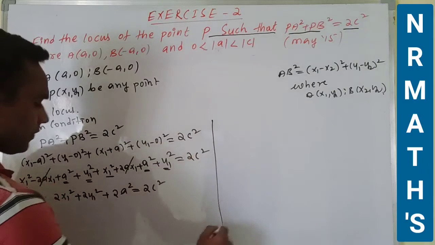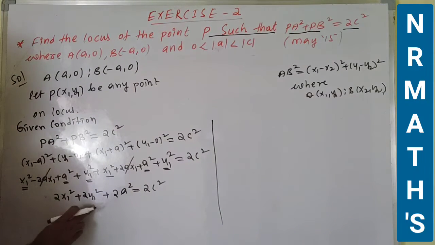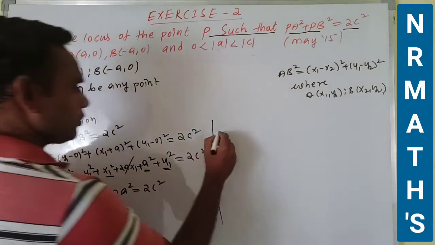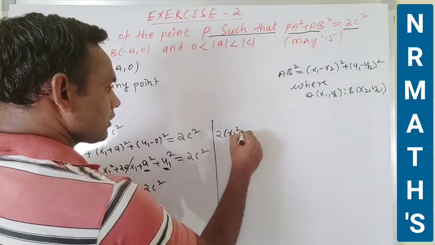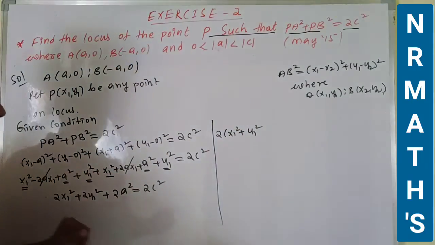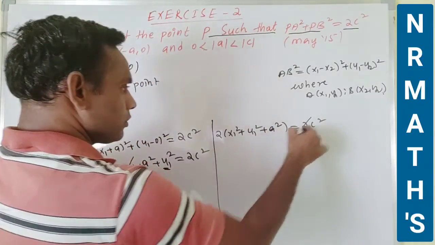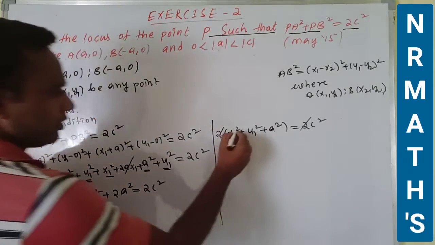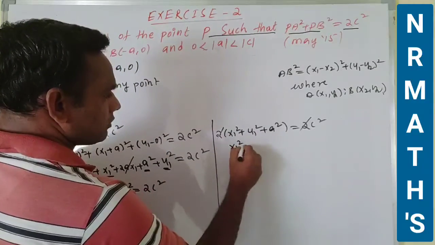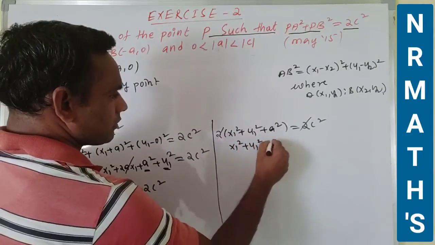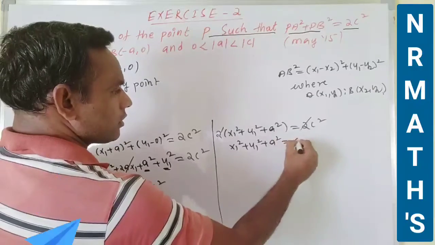The common factor is 2: 2 times (x1 square plus y1 square plus a square) is equal to 2c square. Cancelling the 2, the remaining part is x1 square plus y1 square plus a square is equal to c square.